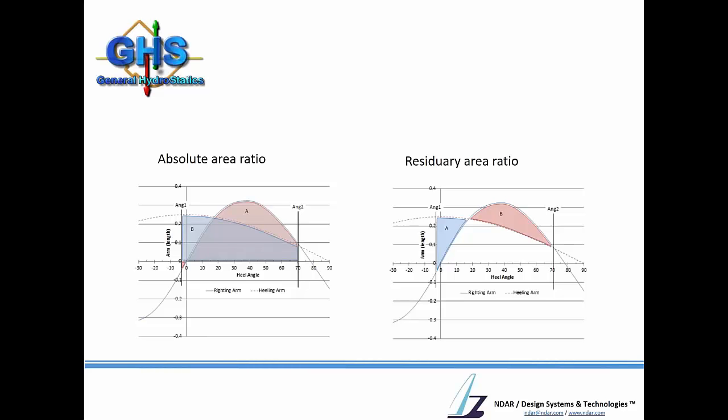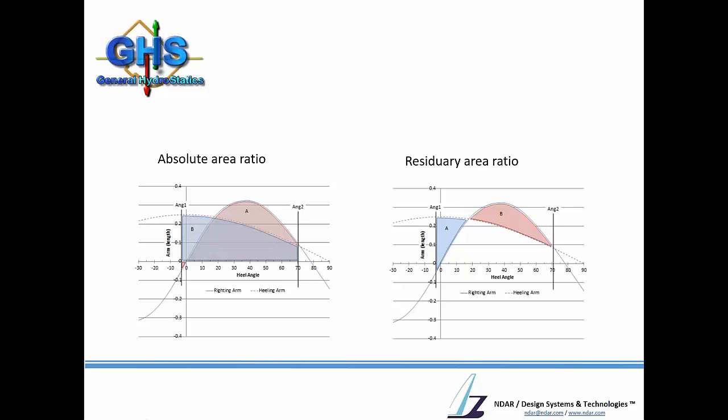And better than a speech, a sketch would explain that. So you have the plot of your rating arm curve and your healing arm curve here. And the absolute area ratio is taking into account the absolute area below the rating arm curve, which is labeled area A here.